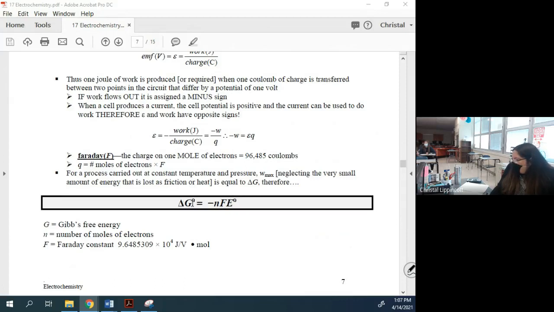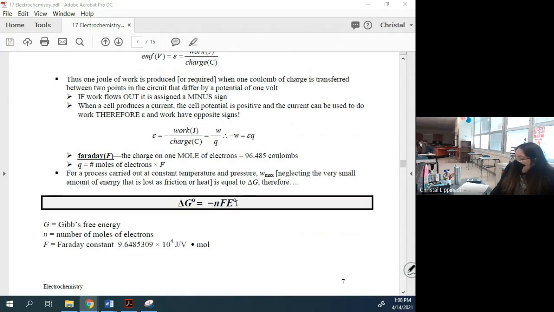Delta G then, delta G prime, that means that it's at standard conditions, 298, 1 molar, and 1 atmosphere. That's going to equal negative, so that we can get the charges right, negative moles of electrons times Faraday's constant. Again, you don't have to memorize this number. It's on your cheat sheet that they give you.